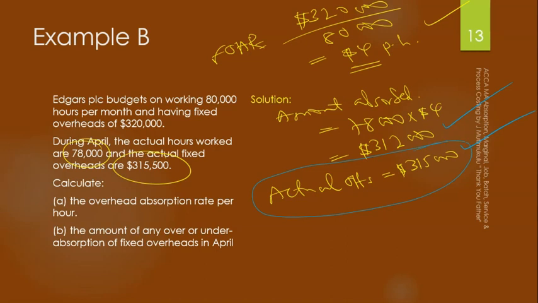But according to our overhead absorption rate, we had absorbed the 312,000. The budget was showing that we would incur 312,000, but actually what we incurred was more. So there was an under-absorption.